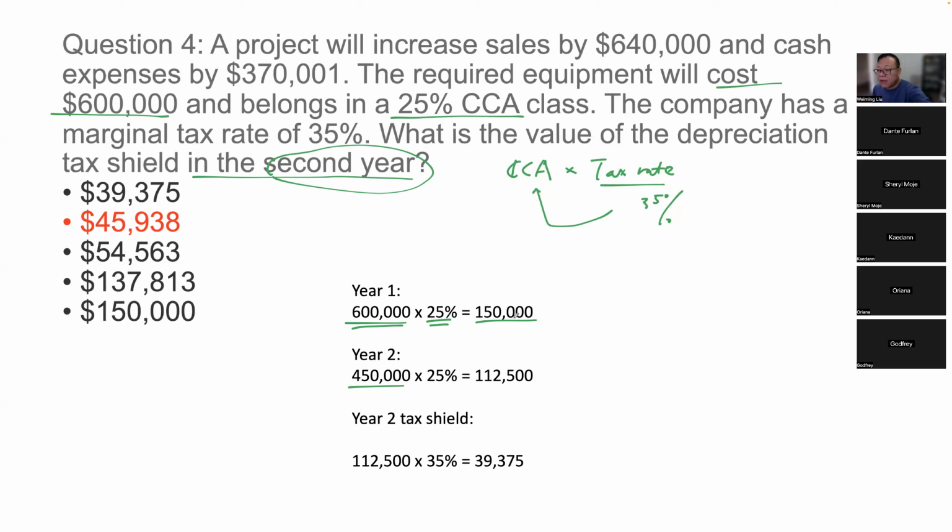So the CCA for year two is 112,500. And that's the CCA times tax rate, 35%. The result is 39,375. Is my calculation correct?